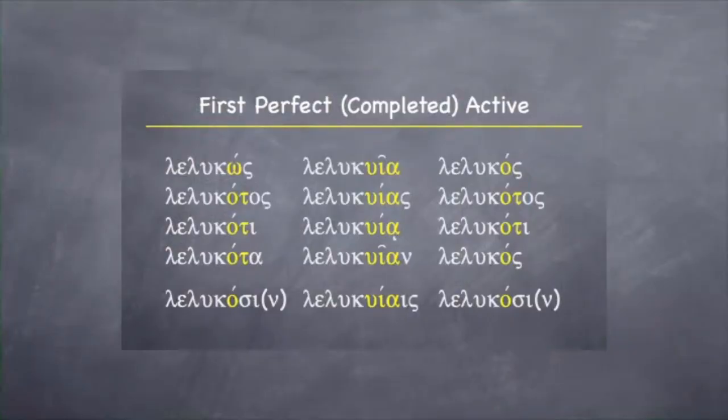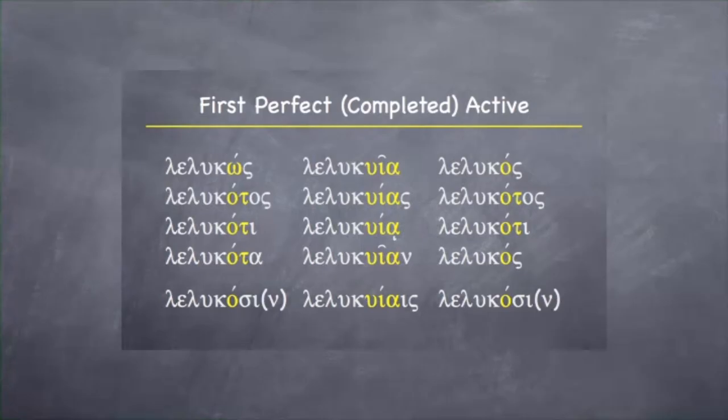You go into the paradigm, and you can see leleukos, leleukuia, leleukos, and then it gets very regular, as you would expect. Leleukotos, leleukuias, leleukotus. You can see what's happening, I'm sure. In the masculine and the nominative singular, the tau dropped out because of the sigma, the omicron lengthened to an omega, but after that, it's exactly what you'd expect. Dative plural, the tau drops off too.